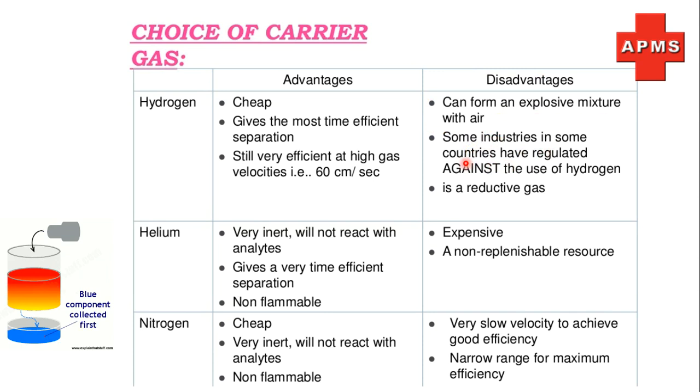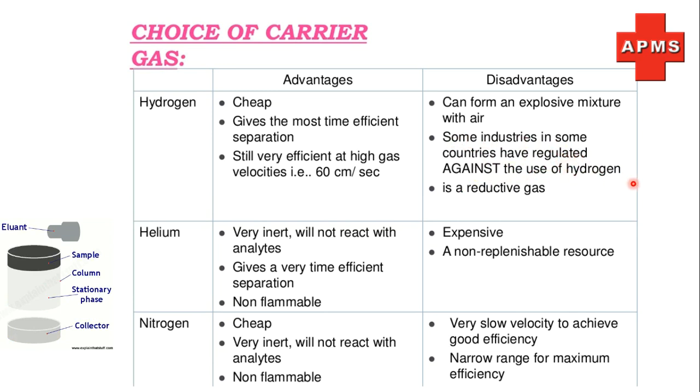Some industries in some countries have regulated against the use of hydrogen, meaning some industries do not use hydrogen gas, due to this disadvantage.